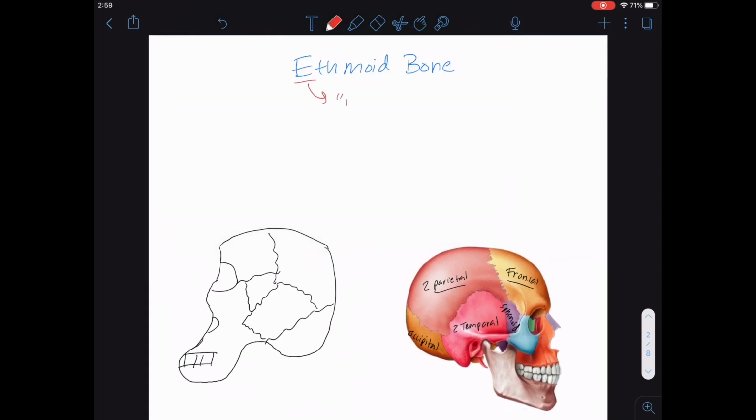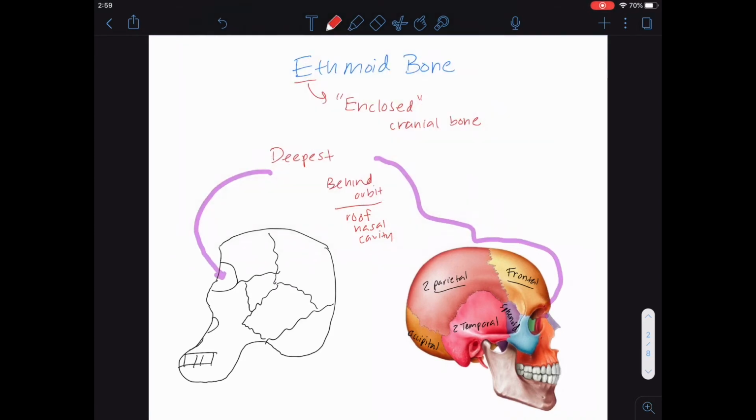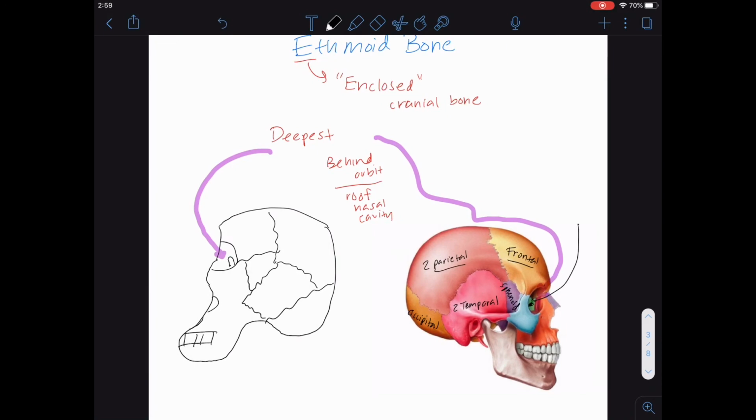Lastly, ethmoid bone, you can think it sounds like enclosed, so it's the most enclosed cranial bone, the deepest back of the orbits and the roof of the nasal cavity.